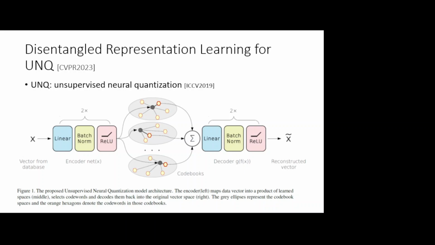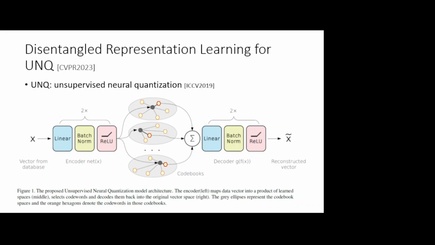This is the third paper. This is the paper I prepared for this lecture. It was also published in CVPR 2023. It's called disentangled representation learning for UNQ. And what is UNQ?